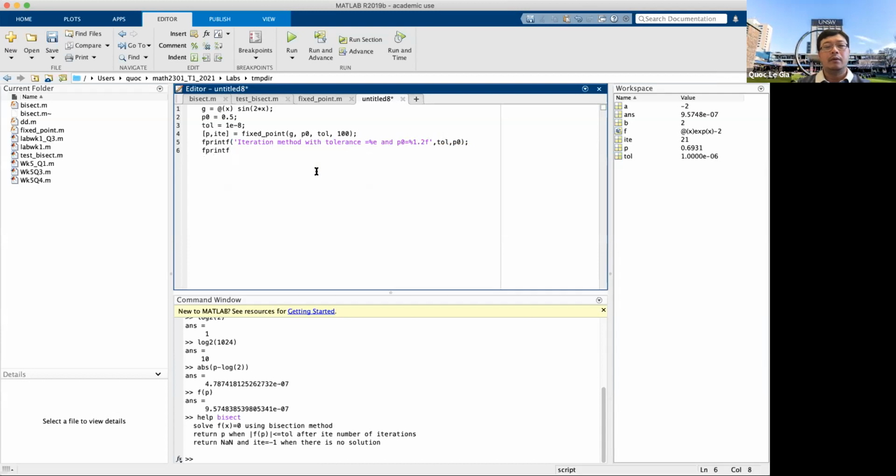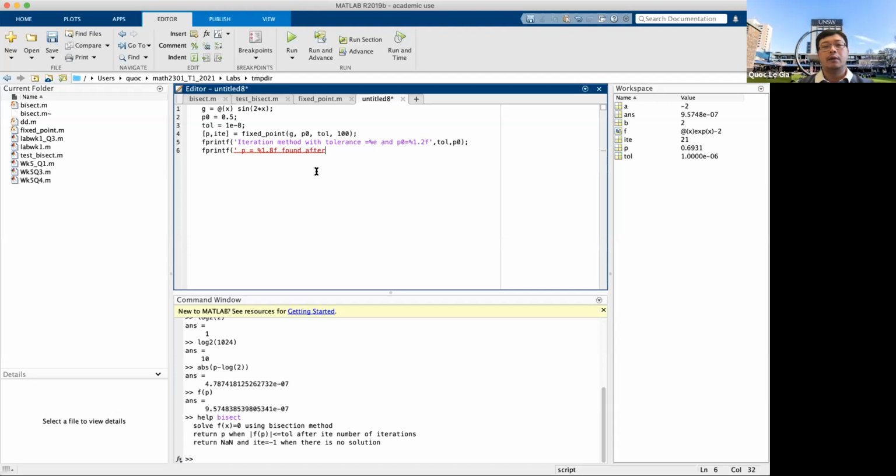Okay, and then after that you print out the value of P. So P equal, so you want to print out a floating point number, okay, and you want say 1 digit before the dot and 9 digits after the dot, or 8 digits after the dot, yeah.